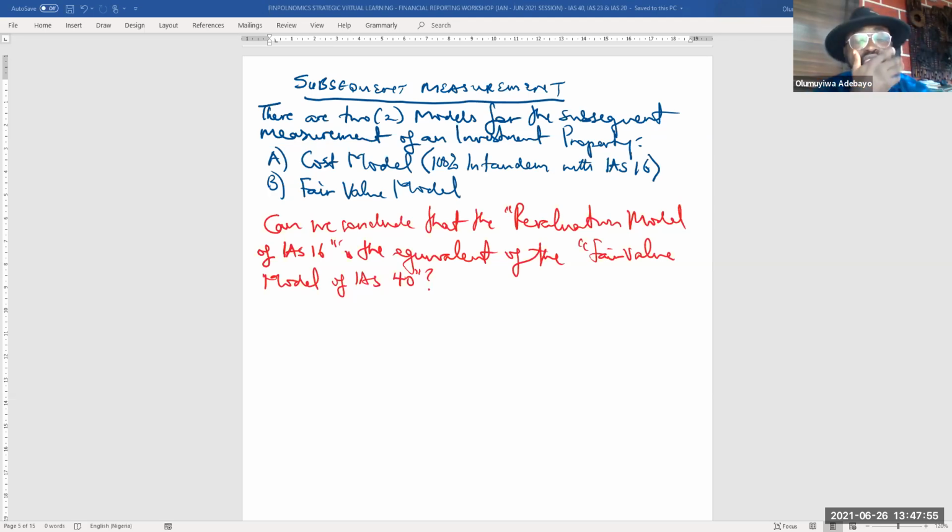The third thing that is so obvious is that an asset that is subjected to the revaluation model of IAS 16 will still be subjected to depreciation once it doesn't have an indefinite life. But investment property that is measured at the fair value model under IAS 40 will for no reason be depreciated.